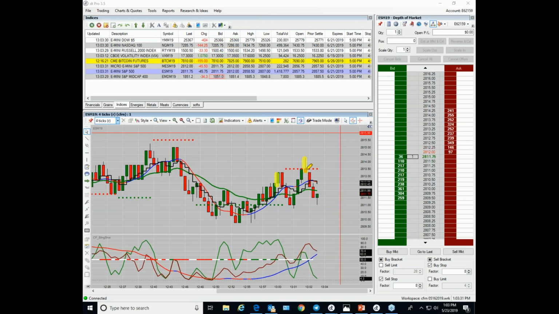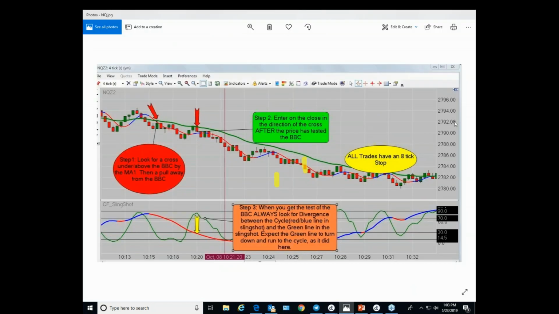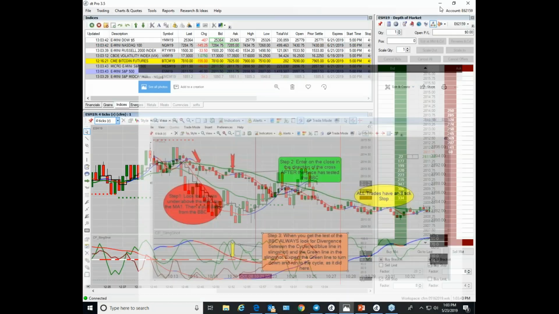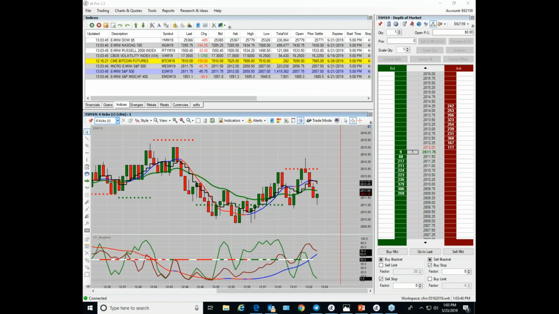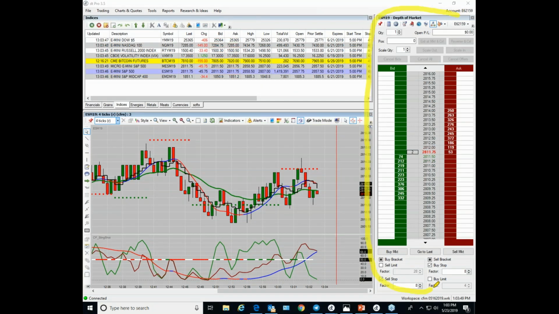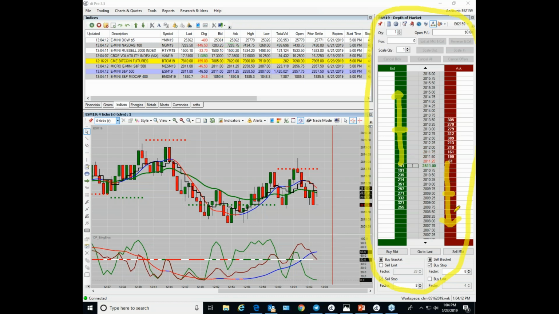If all the rules apply, here's the tower, this is where we do our buying and selling. He can place orders in advance above the market or below the market. So he's entering on a stop if the market goes up, or on a stop on the way down if the market breaks down.